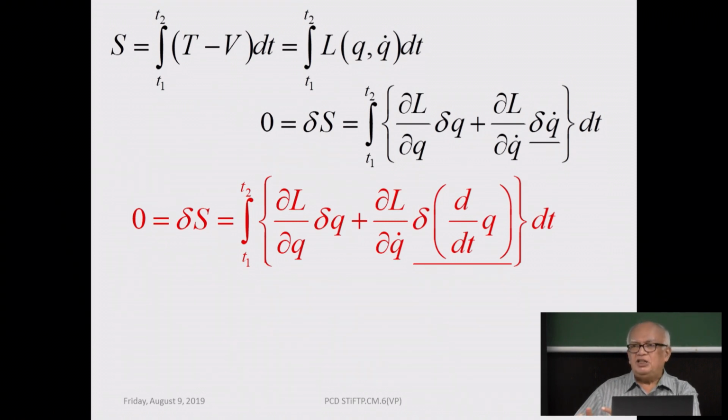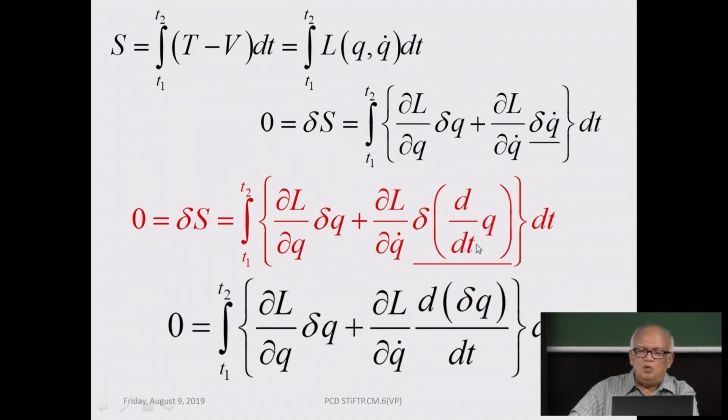One examines the rate of change of position with respect to time, and the other considers a variation because of the choice of an alternative path in the phase space. So these commute. So that is the reason this delta q dot is the same as delta of dq by dt.